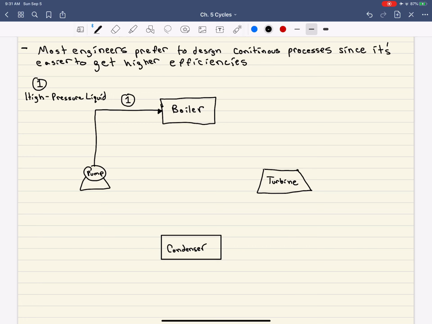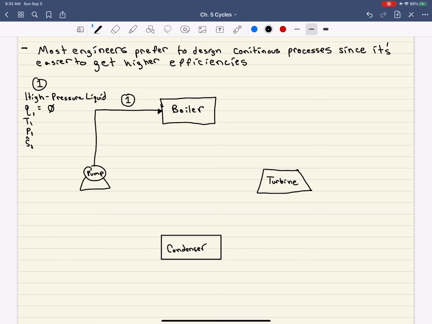In this first stream, it's a liquid. There's no vapor, or in other words, the quality is equal to 0. This liquid is at some temperature and high pressure, and we could also talk about its specific entropy, which is going to be S1.